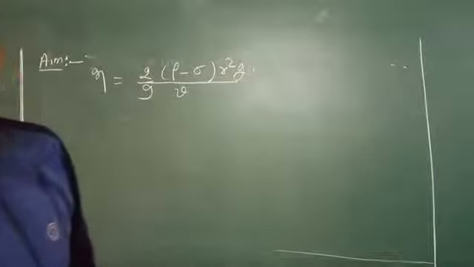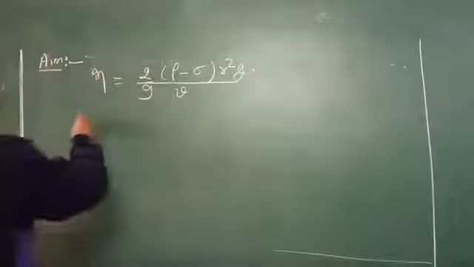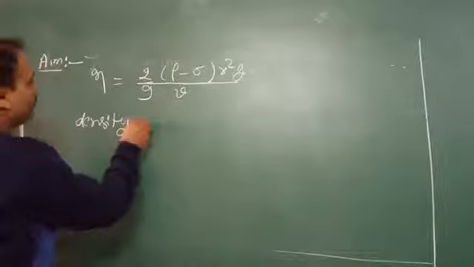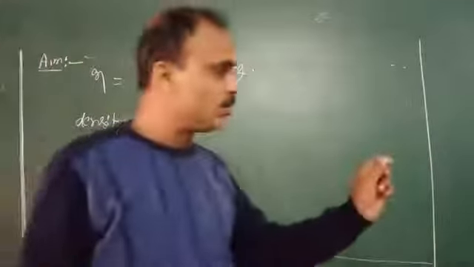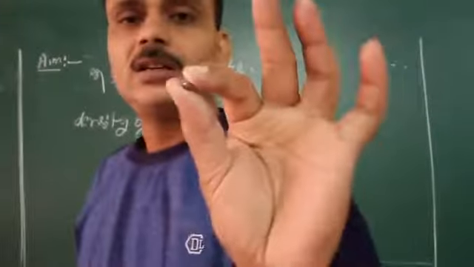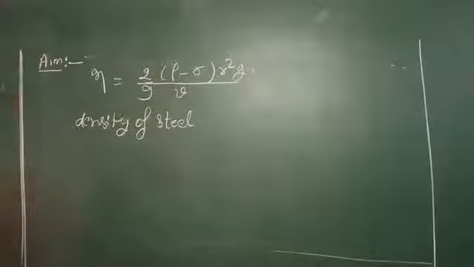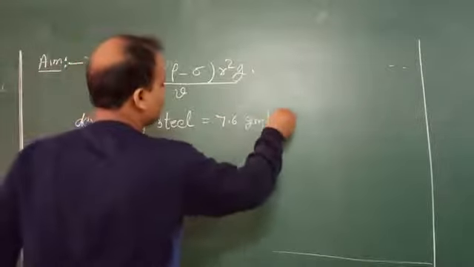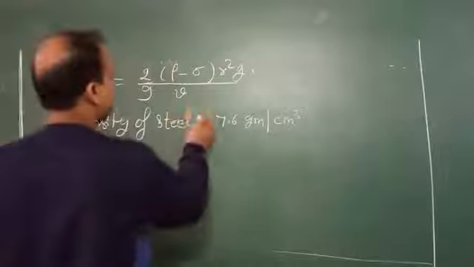Note down the value of rho, the density of steel, because our ball is steel: the density of steel is 7.6 gram per centimeter cube.